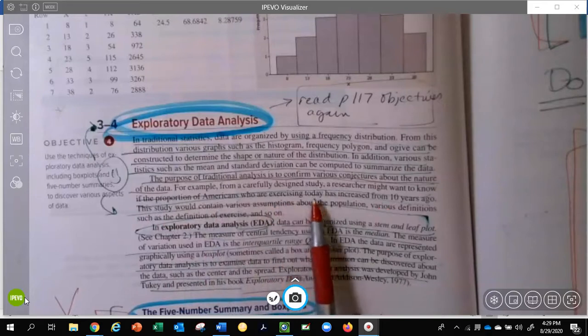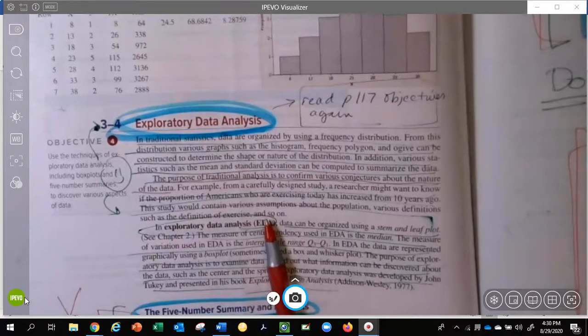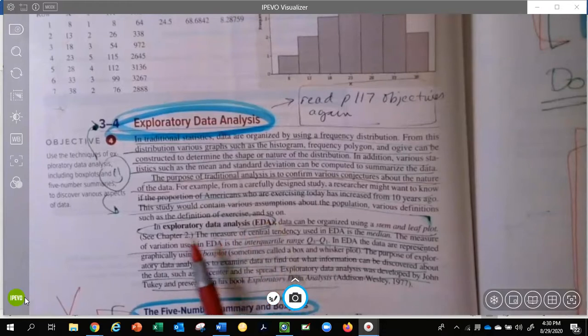For example, from a carefully designed study, a researcher might want to know if the proportion of Americans who are exercising today has increased from 10 years ago. This study would contain various assumptions about the population, various definitions such as the definition of exercise, and so on. And here we transition.